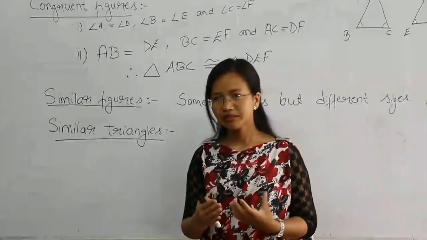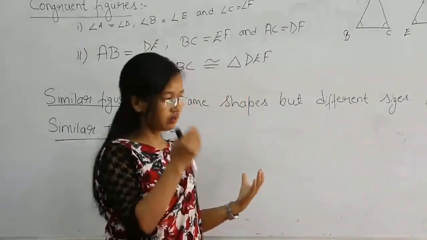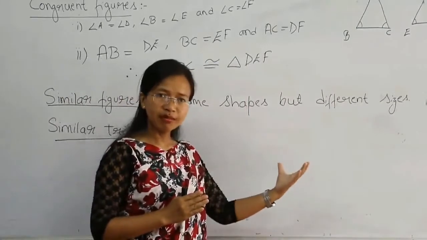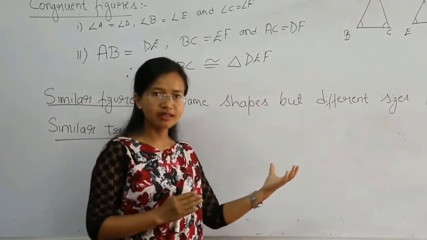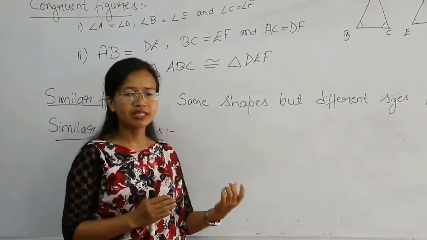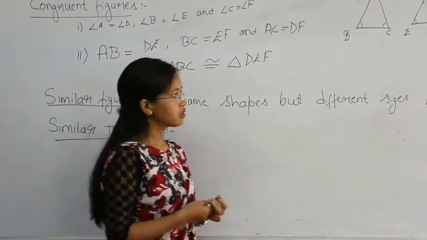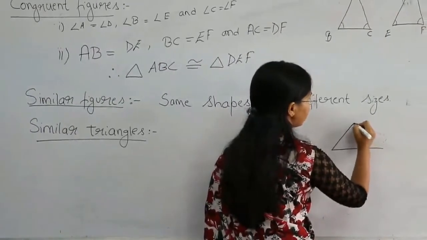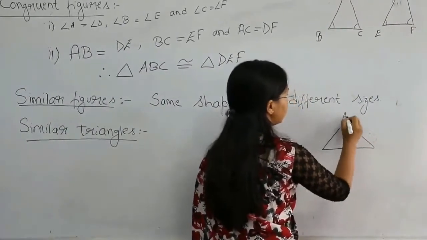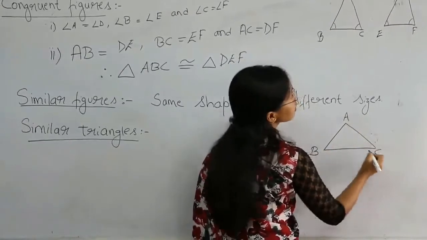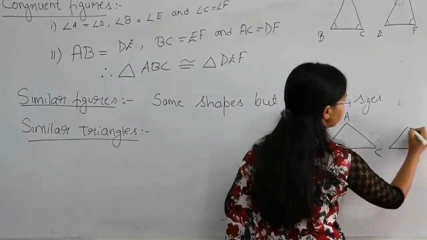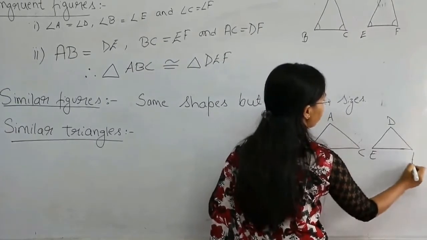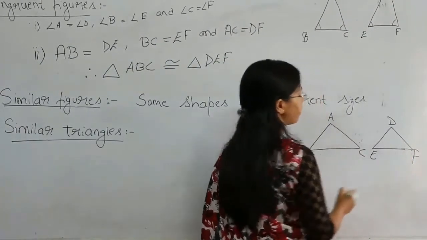So in mathematical terms, we can say two triangles are said to be similar if they have the same angles, or their corresponding angles are equal but their corresponding sides are proportional. So look here, suppose I have triangle ABC and triangle DEF.